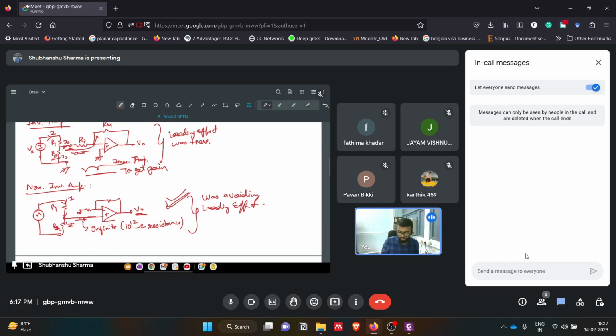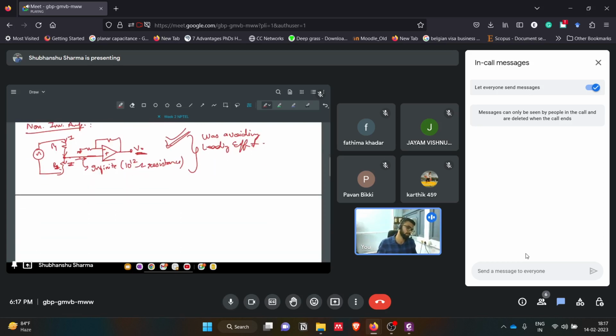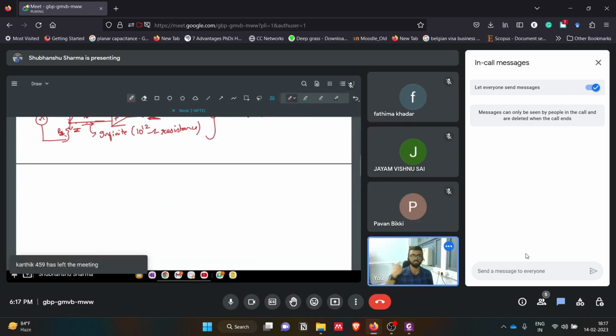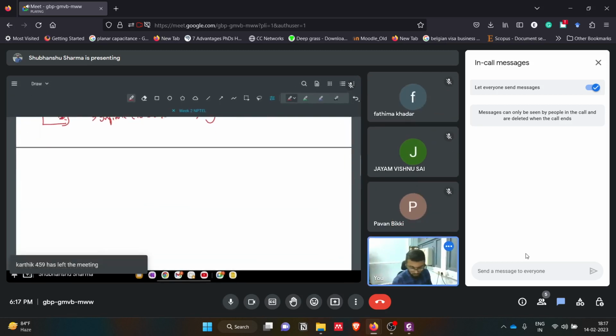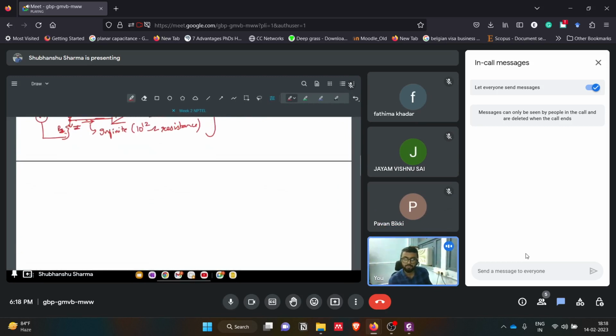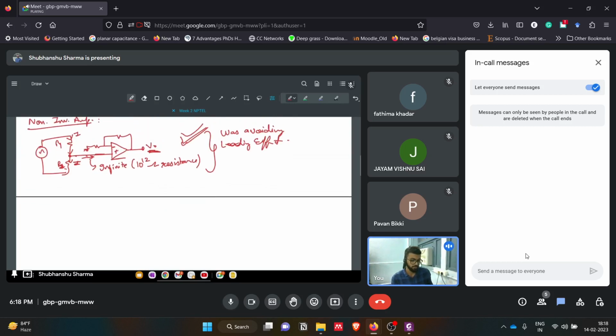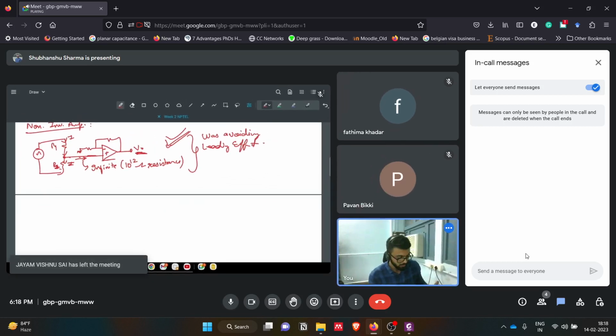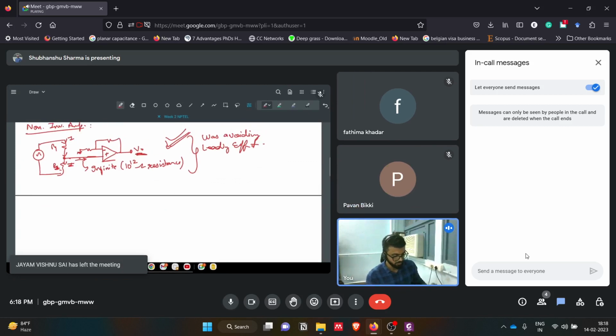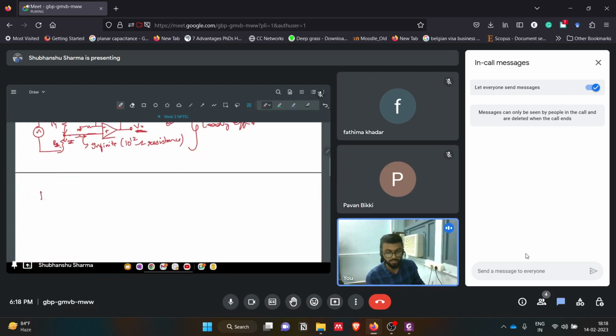Then you did some experiments, and we saw practically how that circuit is realized. Then another configuration was there: can we use some other configuration so that we can avoid this loading? So we saw that we can use a buffer.